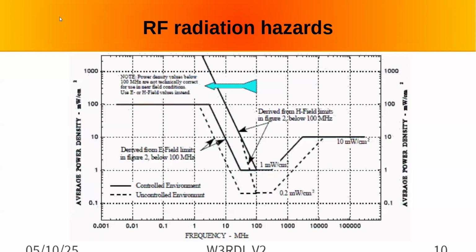This is the updated one, which also has one of those lines has to do with the magnetic, but there's no real details about it. Main thing to remember is in the 30 to 300 range, we're at 1 milliwatt per square centimeter. It's the maximum power level that you can do for any period of time.